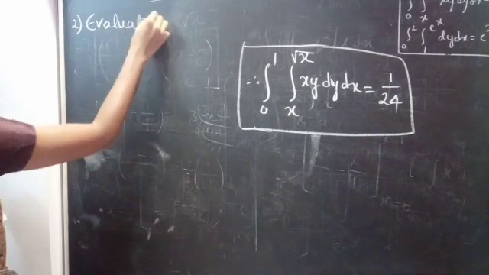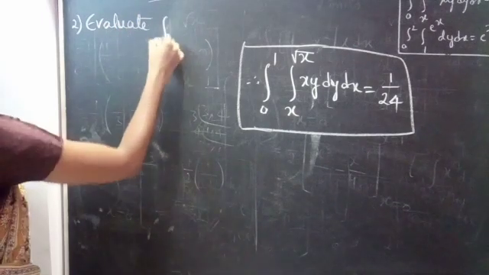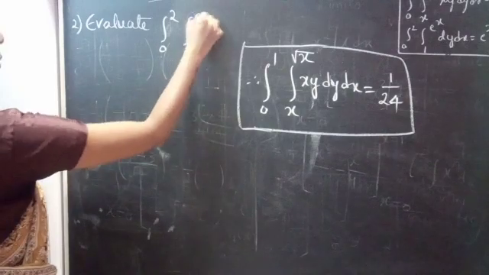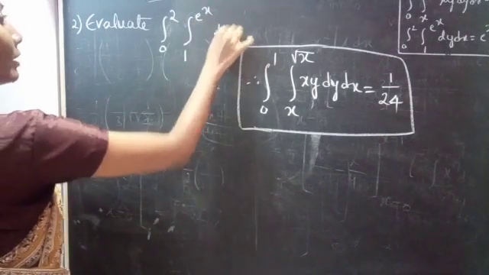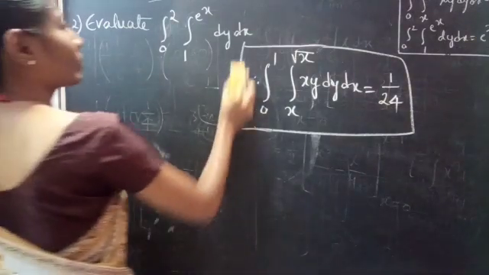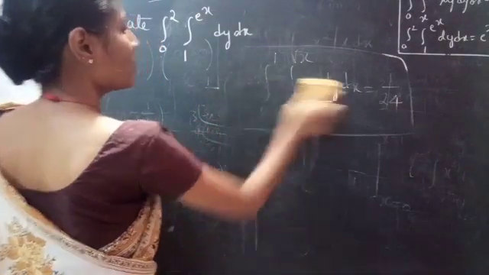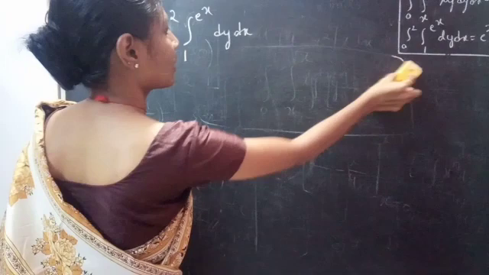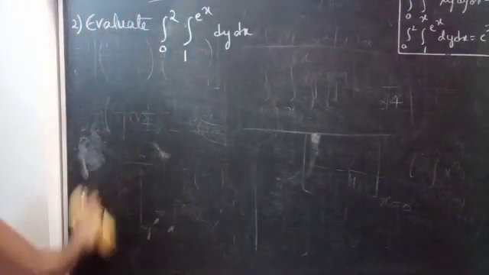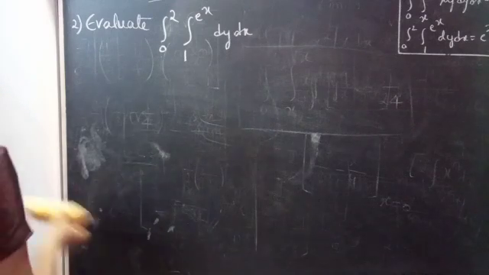Evaluate integral 0 to 2, integral 1 to e power x, dy dx. Limits must be variable limits, and the order of integration depends on the variable limits.